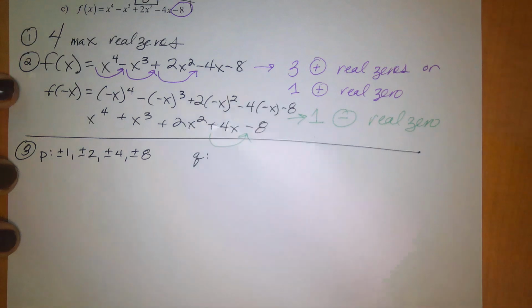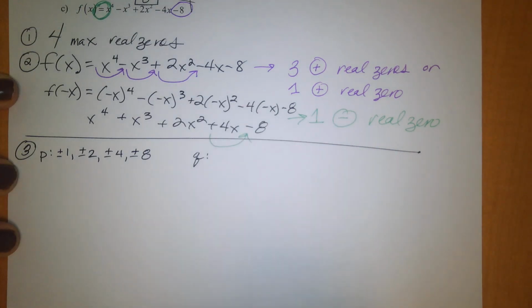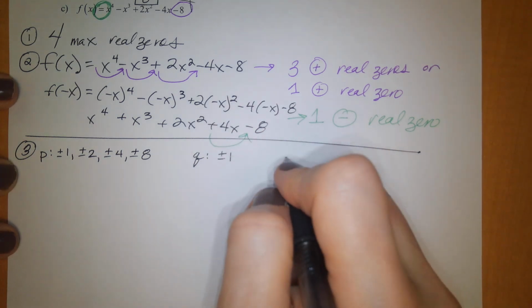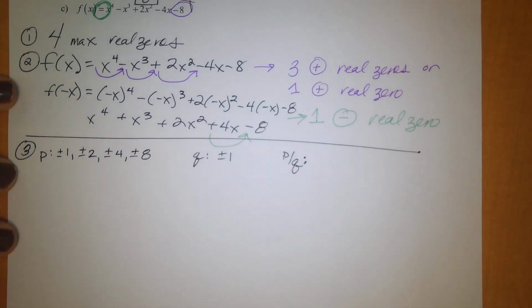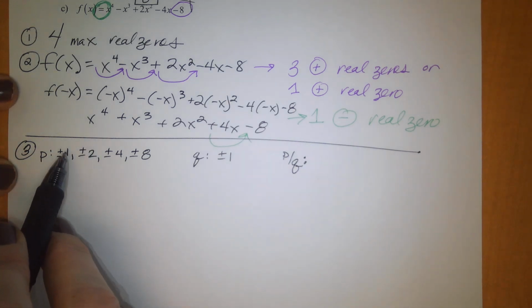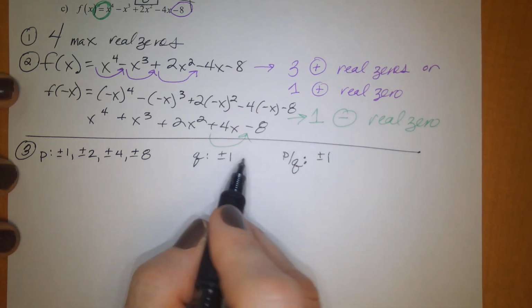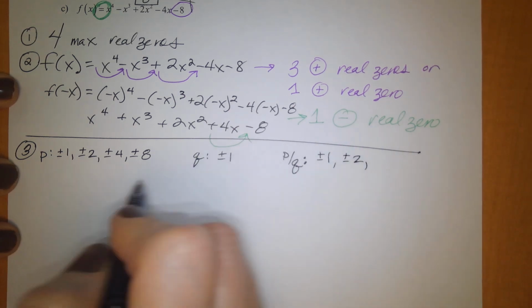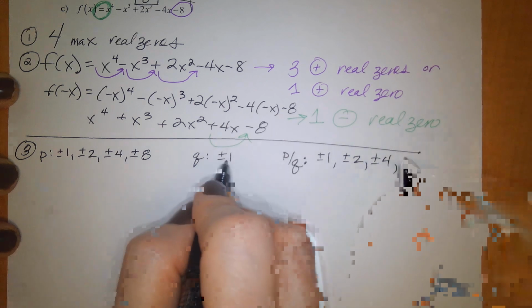Q is all of the factors of the coefficient in front of the first term, which is 1. So that narrows our list down quite a bit. So all potential zeros will come from the list of P divided by Q. So 1 divided by 1, 2 divided by 1, 4 divided by 1, 8 divided by 1.